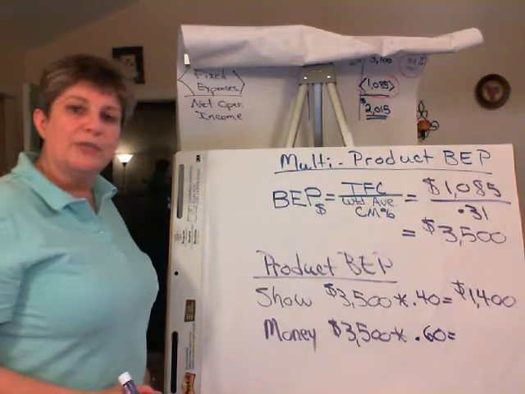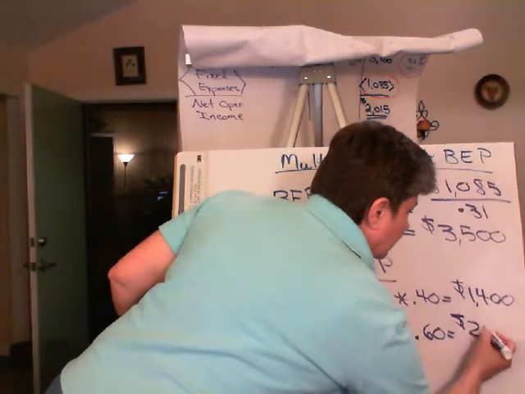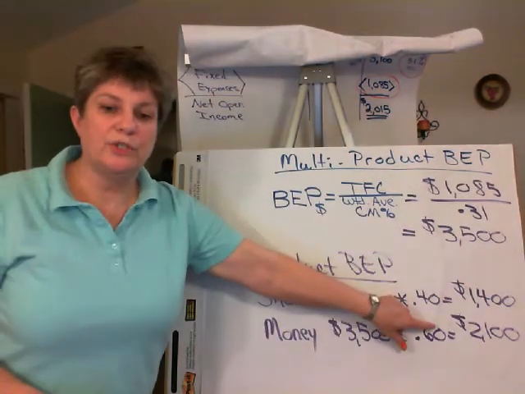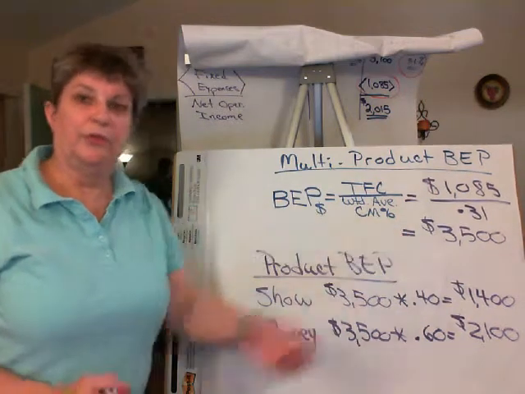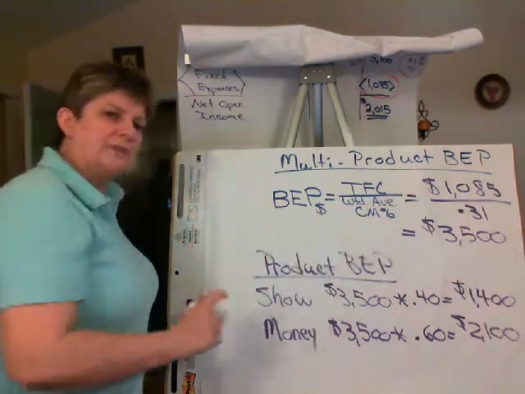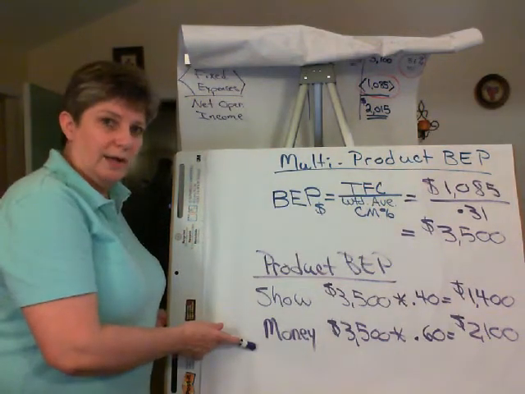And 3,500 times 60% is $2,100. So notice that 1,400 plus 2,100 does indeed equal the 3,500. So we've divvied up the break-even point sales revenue for the company as a whole between the two products.